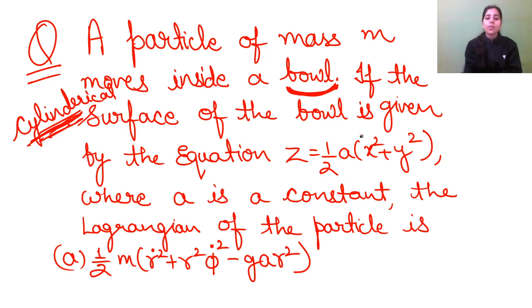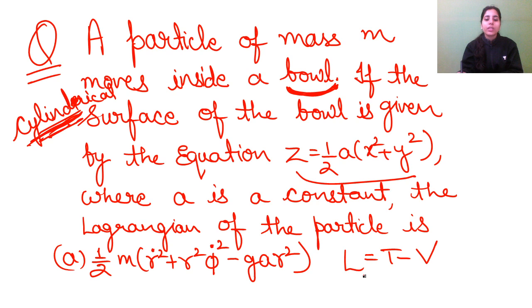If the surface of the bowl is given by this equation, that means we want to convert the things in terms of the cylindrical coordinate system. So first of all we want to get the Lagrangian, and the Lagrangian is generally L is equal to T minus V, where T is the kinetic energy and V is the potential energy.